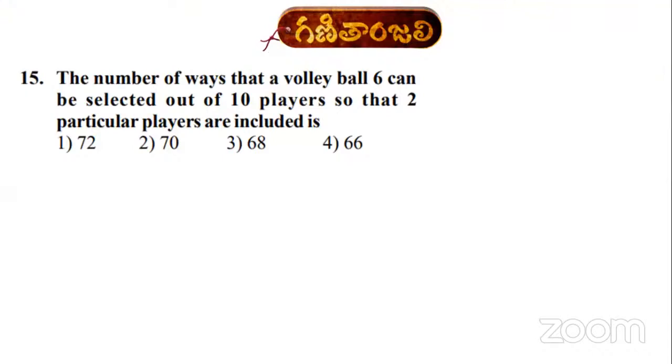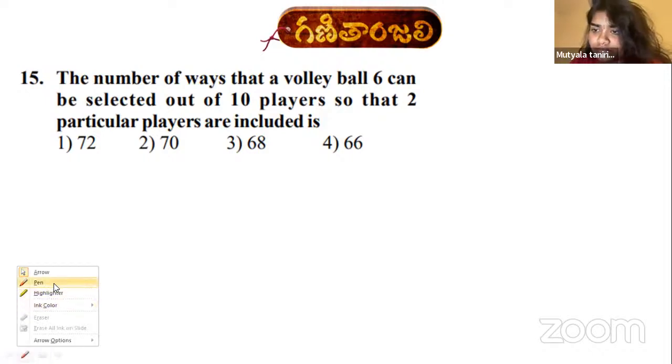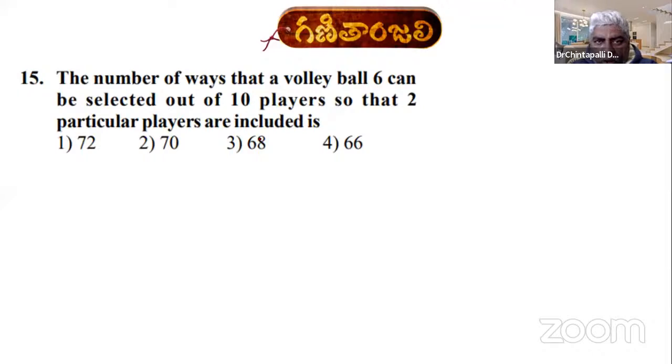The number of ways that a volleyball 6 can be selected out of 10 players so that 2 particular players are included. How many persons are to be selected? 6, sir. 2 particular players are included. That means how many persons are to be selected? 4, sir.